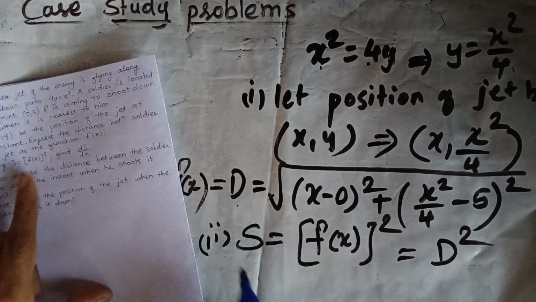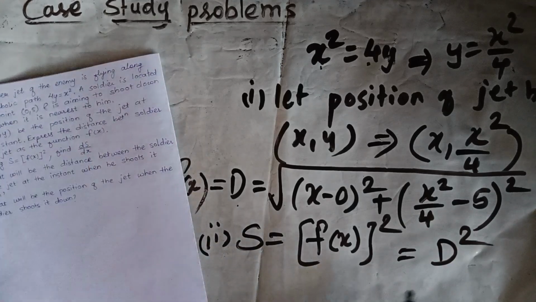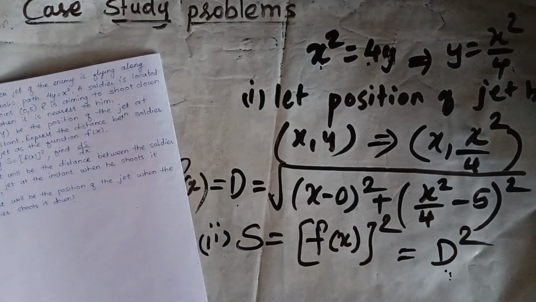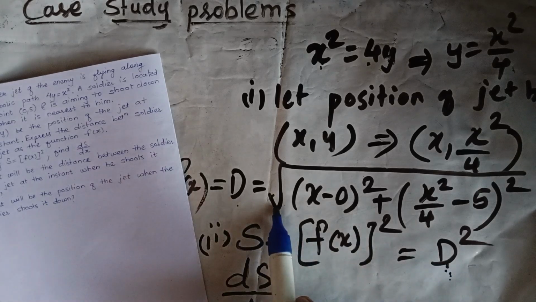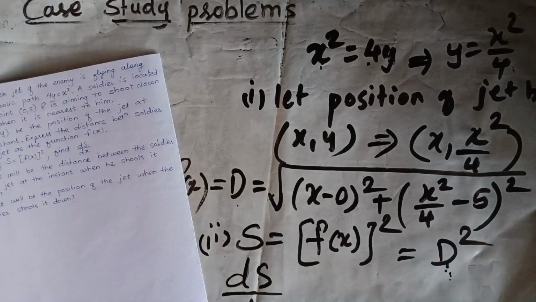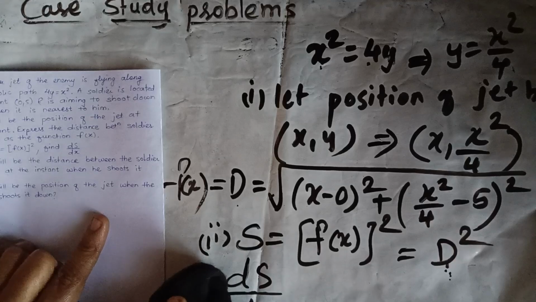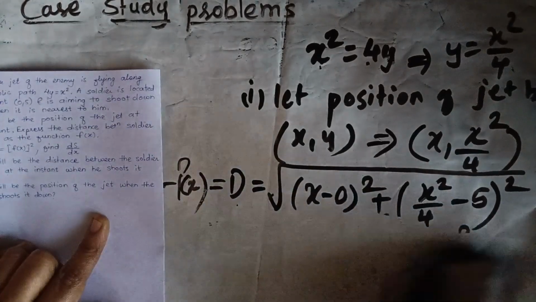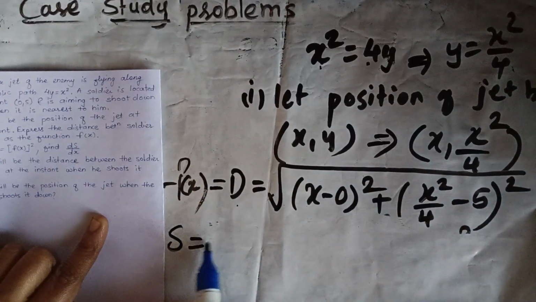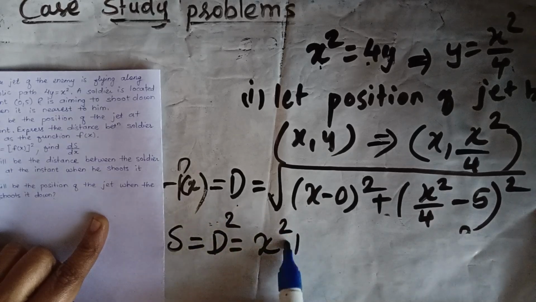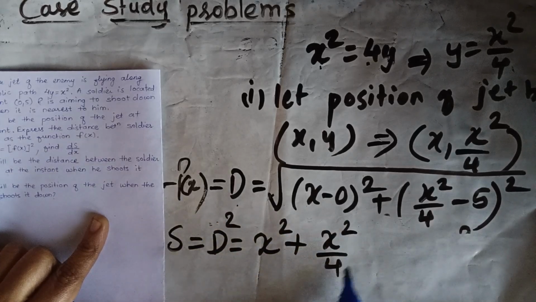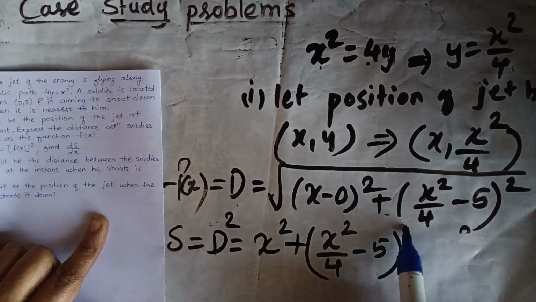Okay. Find ds by dx. That is, you have to differentiate this with respect to x. Differentiating s with respect to x, since it is squared, this root will go. Okay. So we get the function as, I'll write it. Okay.